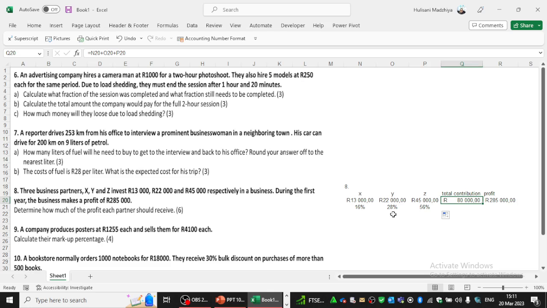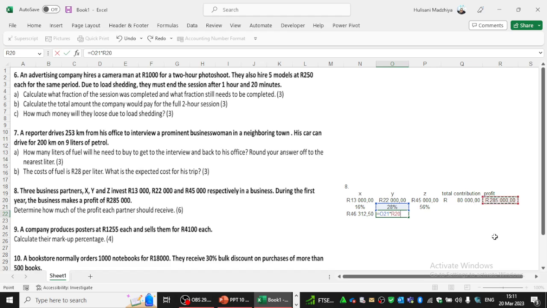Therefore the profit will also be shared based on their contribution, meaning that partner X will receive 16% of this amount. So we'll receive 16% of 285, which will be 446,312. And partner Y will receive 28% of the profit generated based on his contribution.